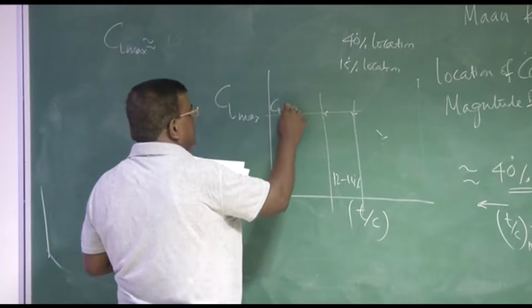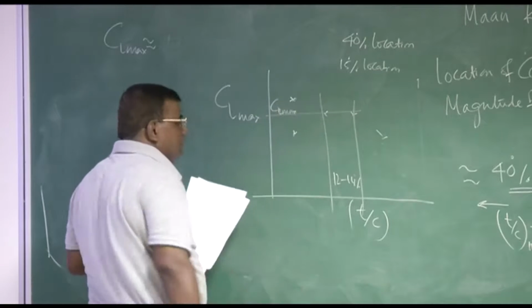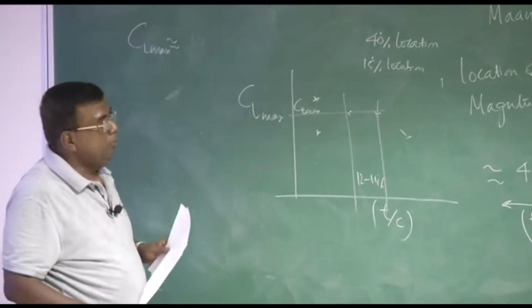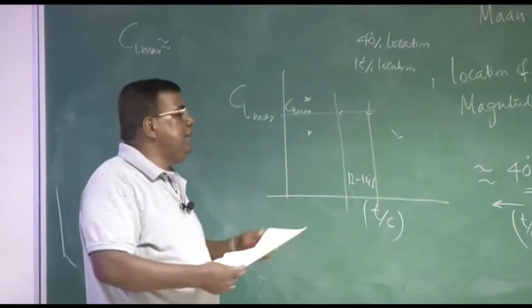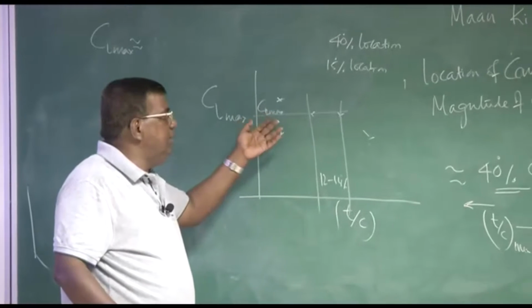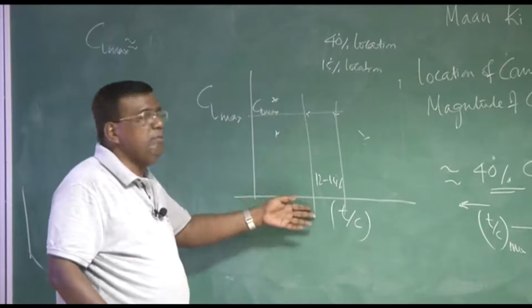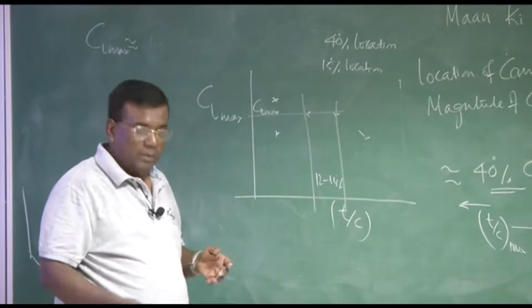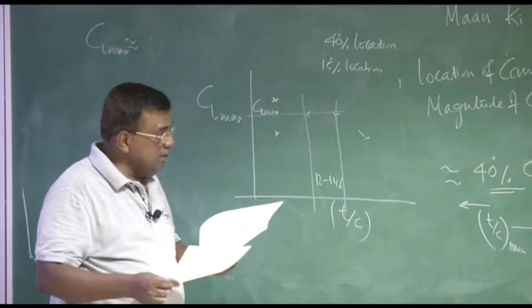Generally you get this for low speed, 12 to 14%. Because at high speed, t/c vis-a-vis CL max is not that important as drag is important, because finally CL by CD is important. So this has to be perceived in that manner.